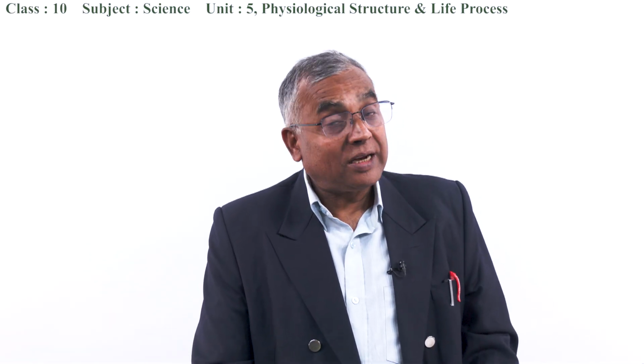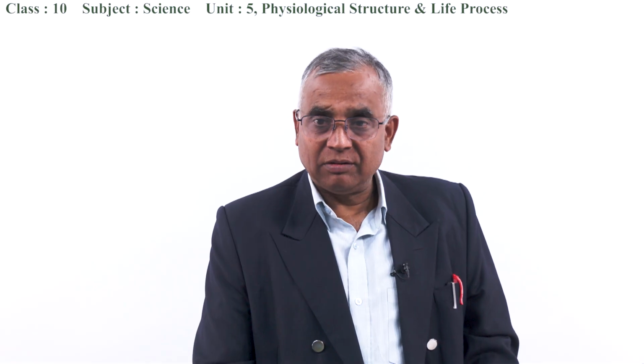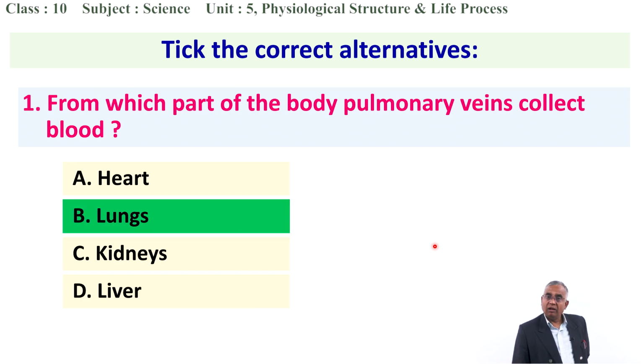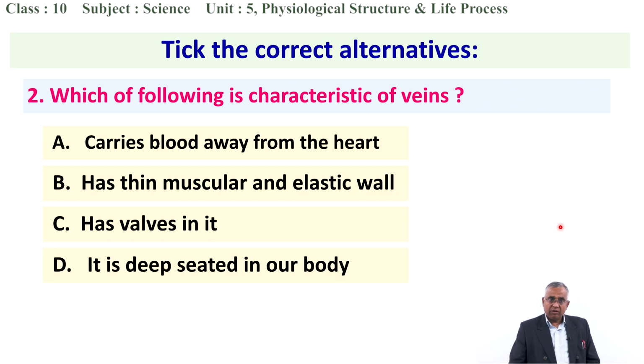Okay, so what have we learned? Just see through that exercise. From which part of the body do pulmonary veins collect blood? From heart, from lungs, from kidneys, or from liver? By the name of pulmonary veins you can guess. I think you have guessed. That is lungs. Next question: which of the following is a characteristic of vein?